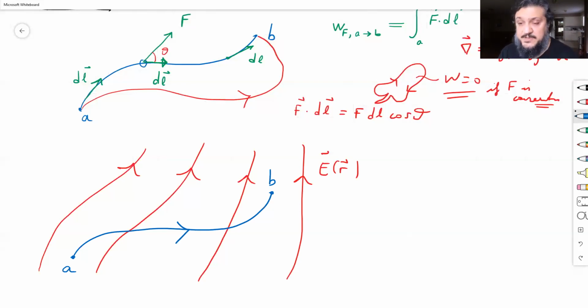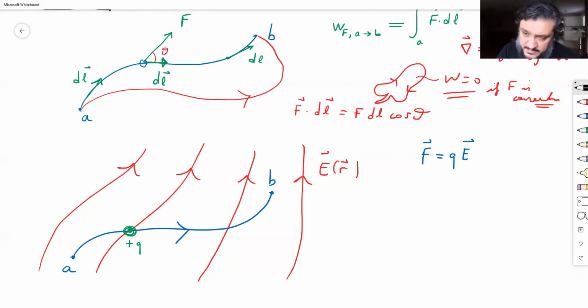Doesn't matter because we know what the force will be given a charge and an external field. It's just Q times E. So my charge is, let's say, right here. This is the charge. Let this be a positive charge. Then the electric field and the force will be in the same direction, right?